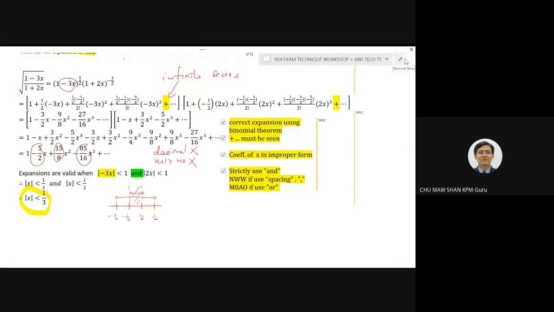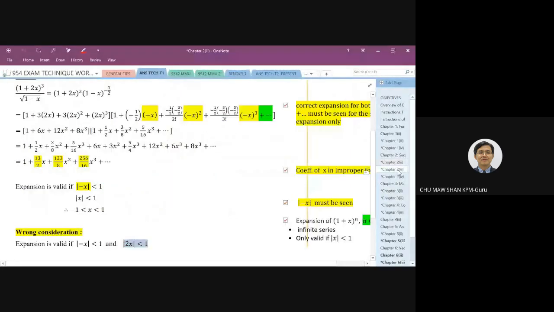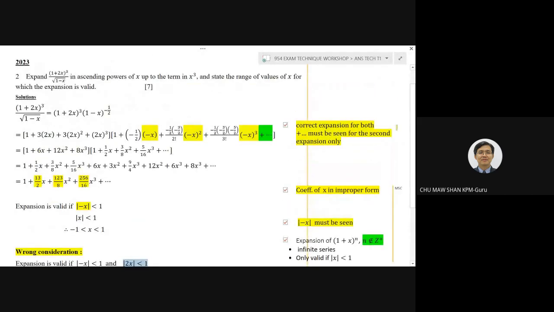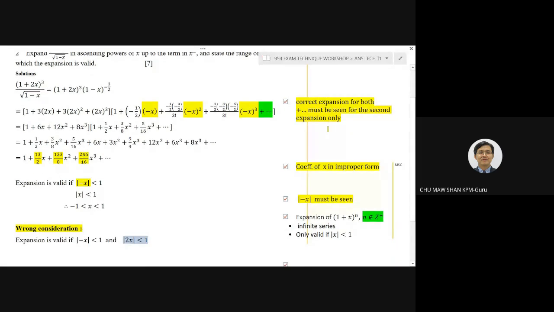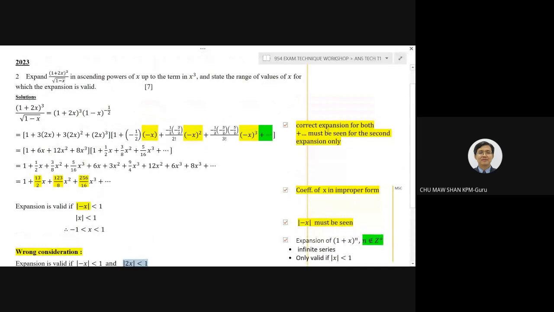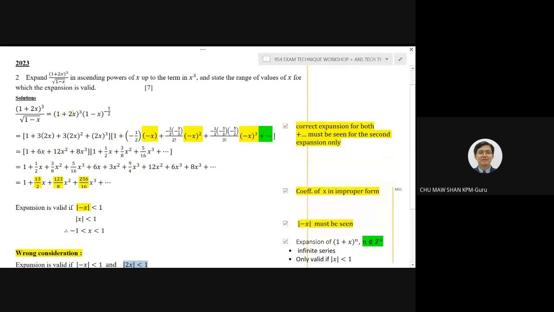Okay, I have another case here. You see this one. 2023. Sekarang, if you see carefully, we have two expansion juga. Tetapi yang ini adalah finite expansion.